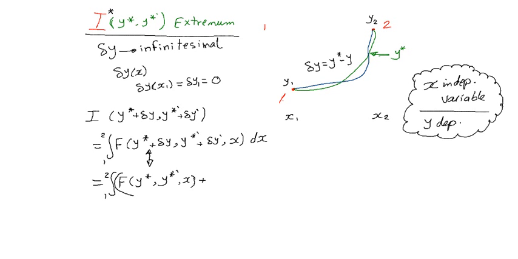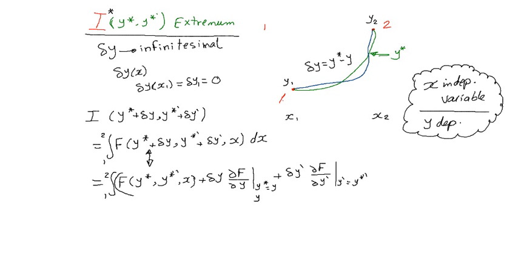I will write the following. I write plus delta y times partial f by partial y evaluated at y star, plus delta y prime multiplied by partial f by partial y prime evaluated at y prime equal to y star prime.